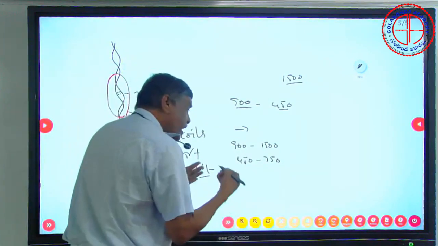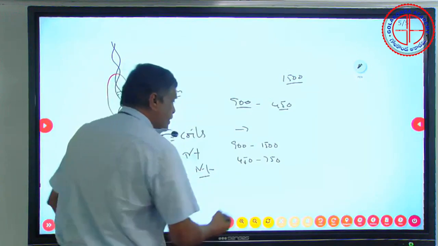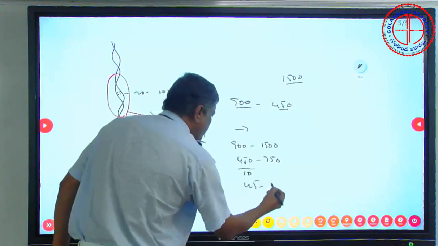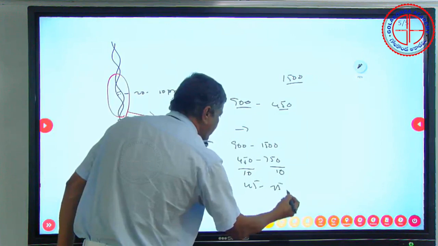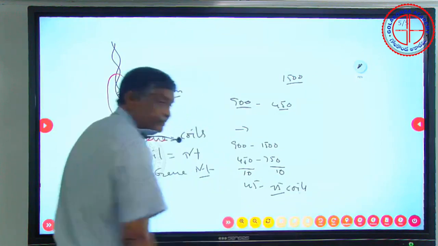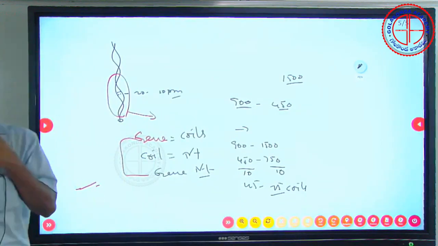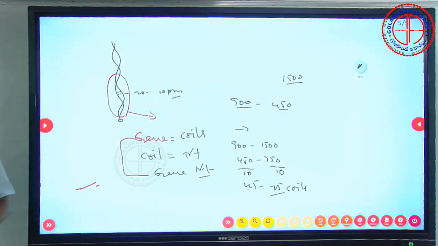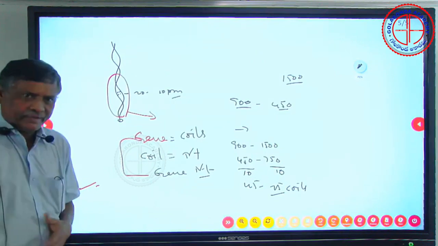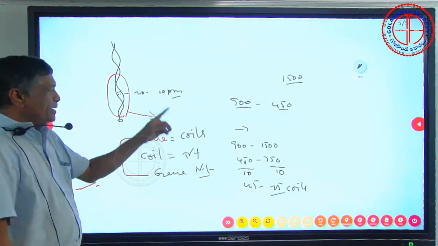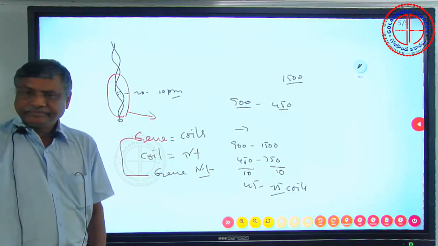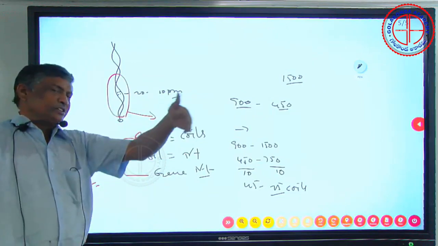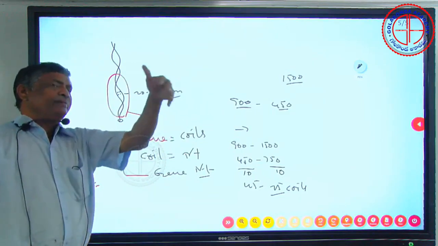Dividing the pairs by 10 per coil, that is 45 coils to 75 coils. Understood? A DNA is differentiated into genes, a DNA filled with genes.